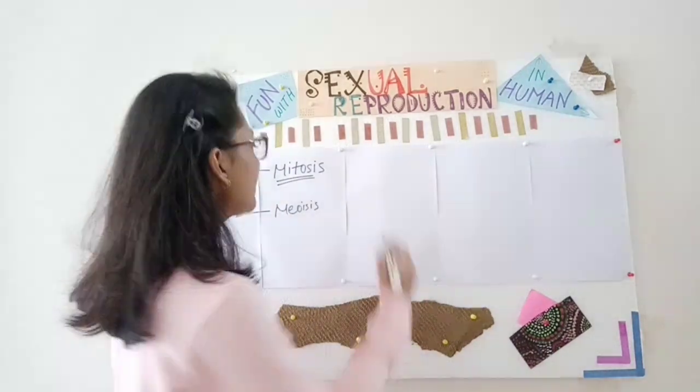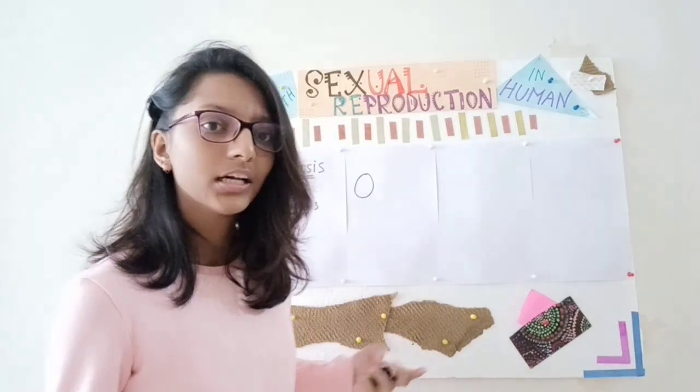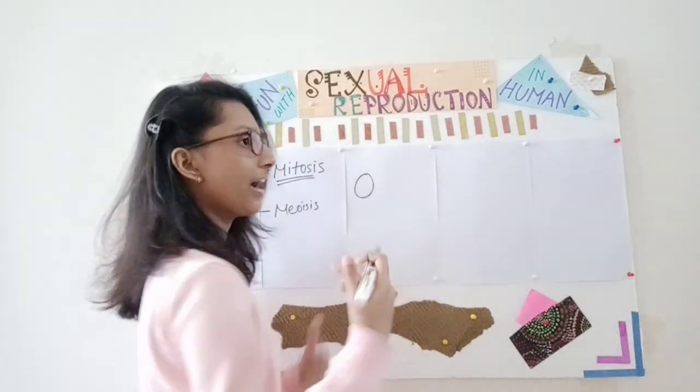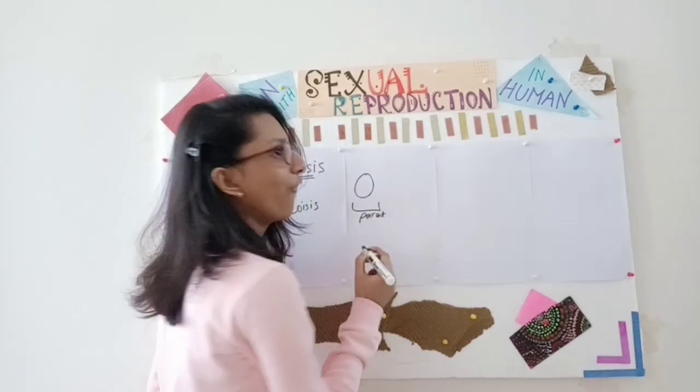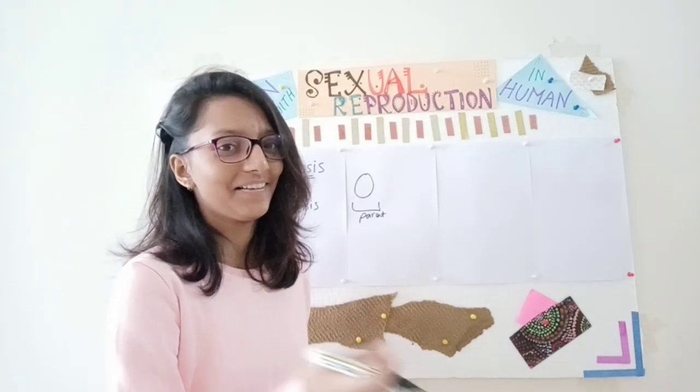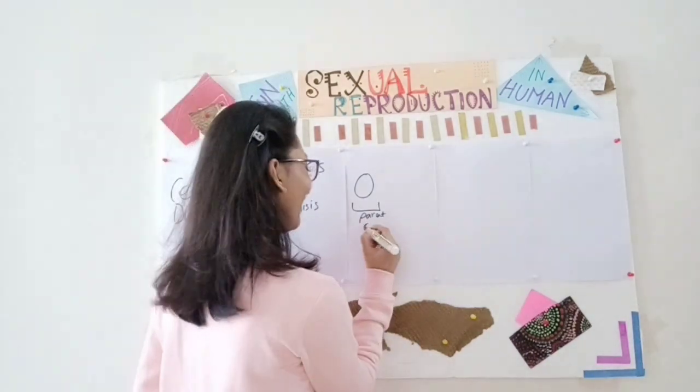So let's say this is my cell. This is the cell that will be reproducing or dividing. Since this cell will be dividing, we call this cell the parent cell. Of course, cells that are reproducing, parent cell, that's the most obvious thing.